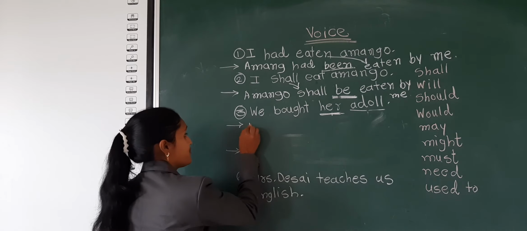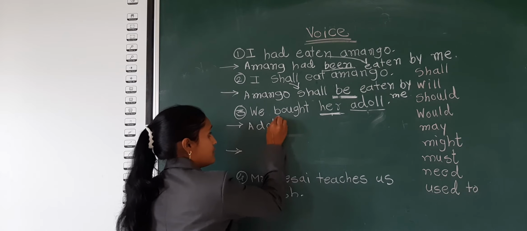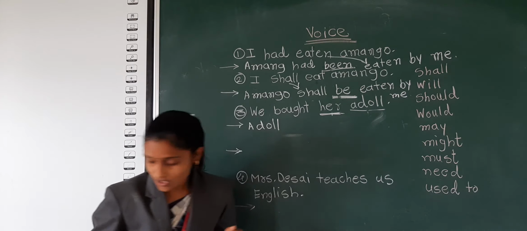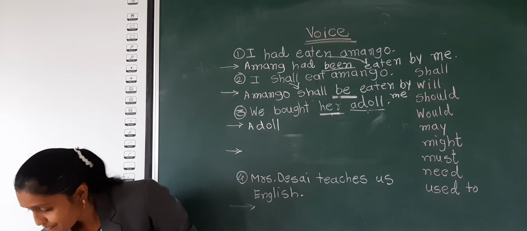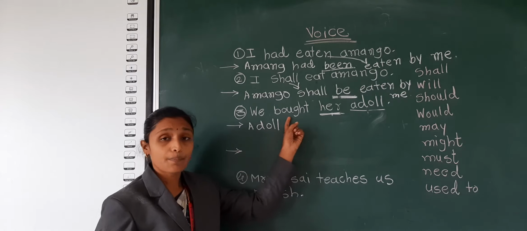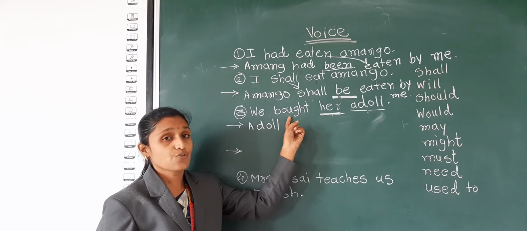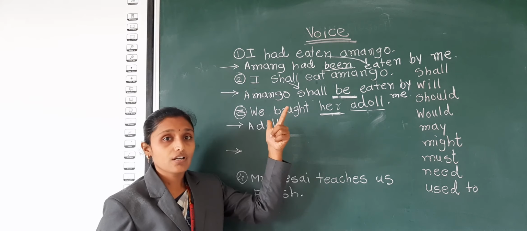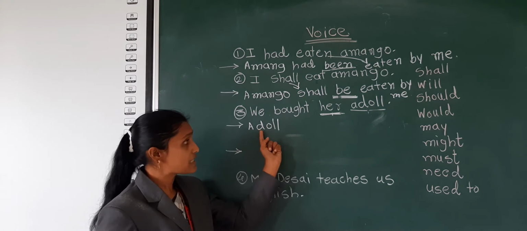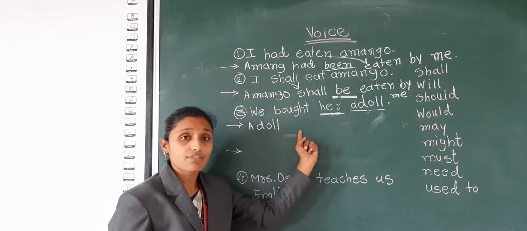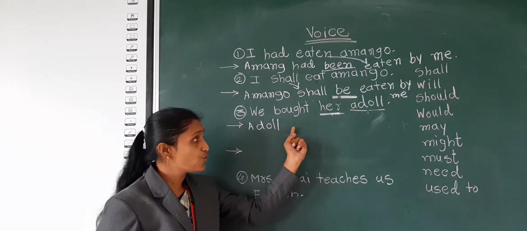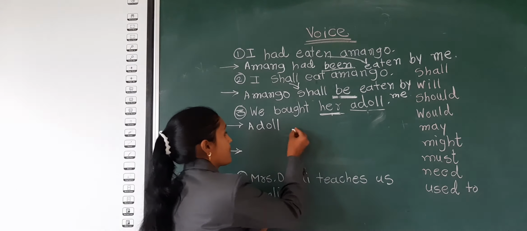A doll. Then "bought." Which tense is used here? Simple past tense. In past tense, which be form can you use? Was or were. Here "a doll" is singular, so after a singular you use "was."